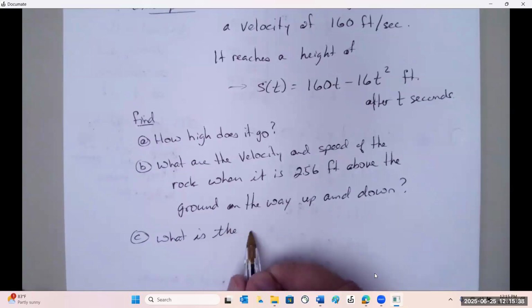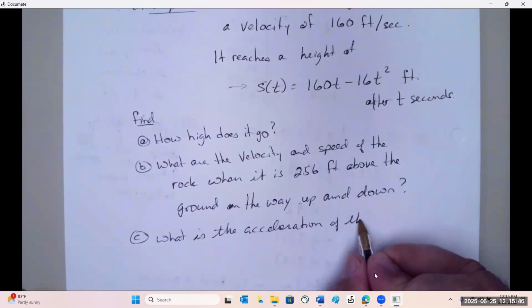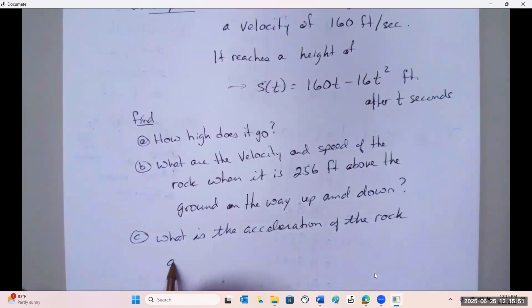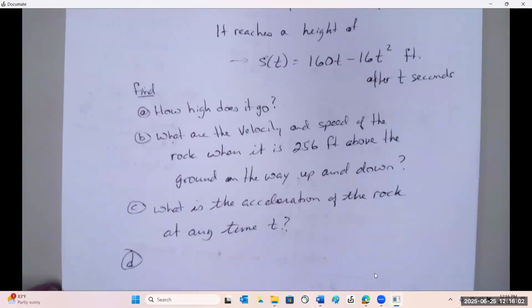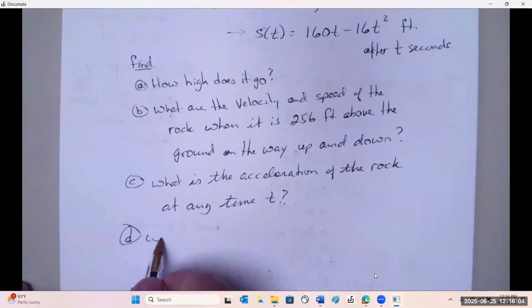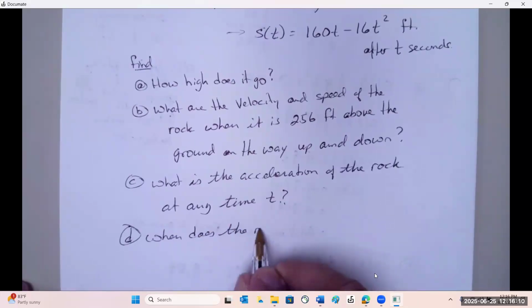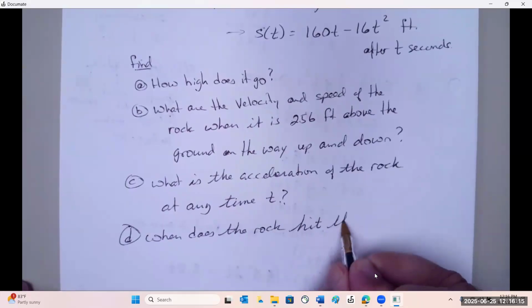What is the acceleration of the rock at any time t? And when does the rock hit the ground again?